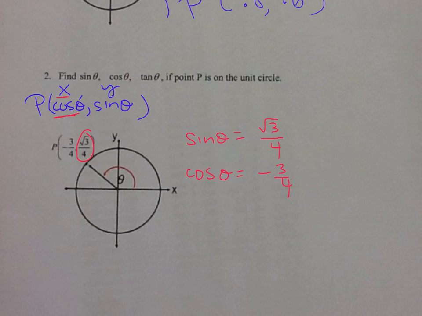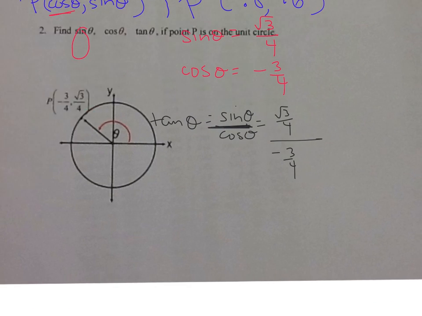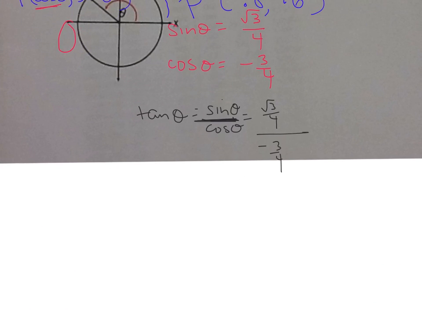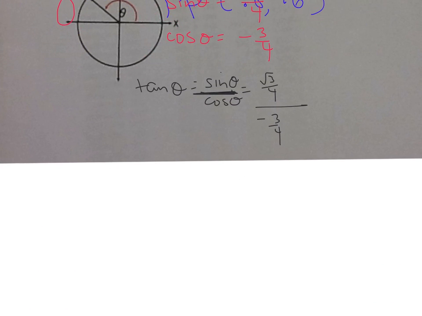Now tan theta, tangent, remember, is sine over cosine. So this is the square root of 3 over 4, over negative 3 over 4. I'm going to write this as a division problem: the square root of 3 over 4 divided by negative 3 over 4.